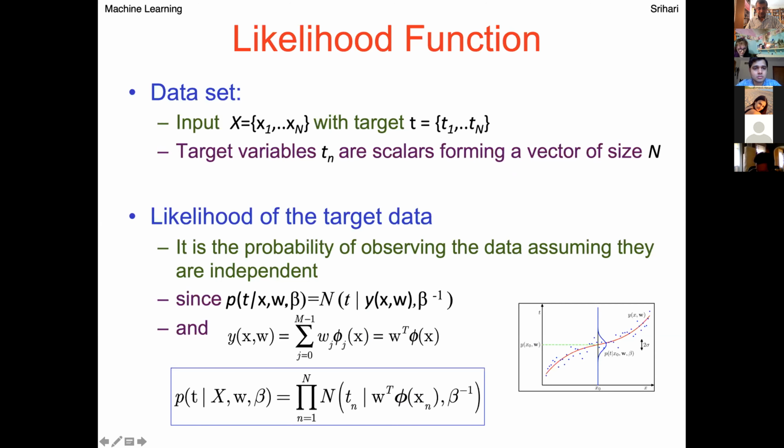And so we are assuming that such a model exists, in which case the output y is being modeled by this W transpose phi of X, or we say that the probability of this target vector T is given by the product of all of the normal distributions here, where the mean is W transpose phi of X, and then beta is the width of this particular variance here. Okay, that defines it.